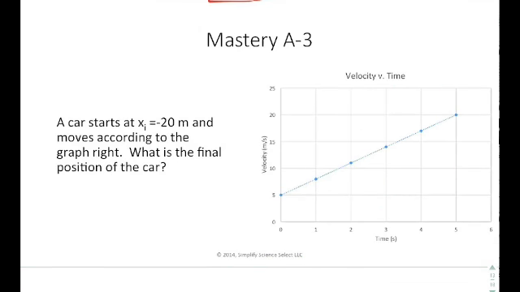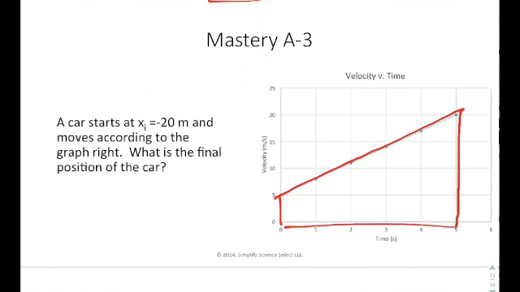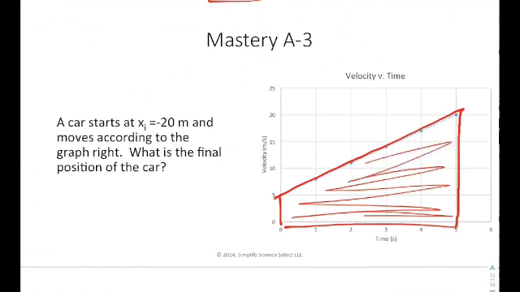The last example says a car starts at a position of minus 20 and moves according to the graph shown to the right. What is the final position of the car? So you're trying to find the final position of the car, so you look at the last time, and that's kind of our cutoff right there. And what I need to do is find the area of this particular object.